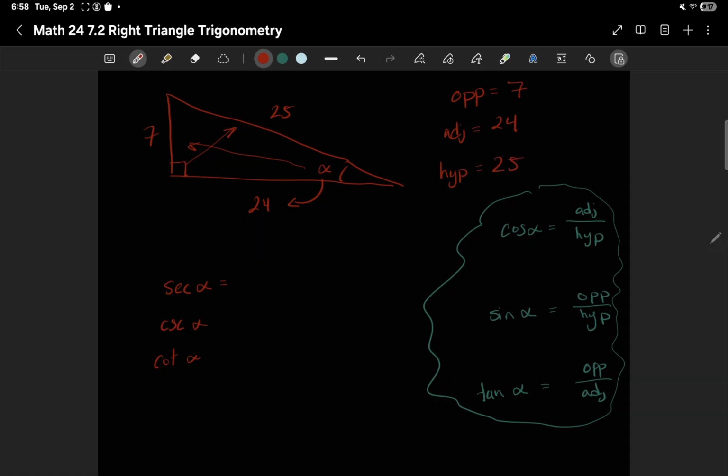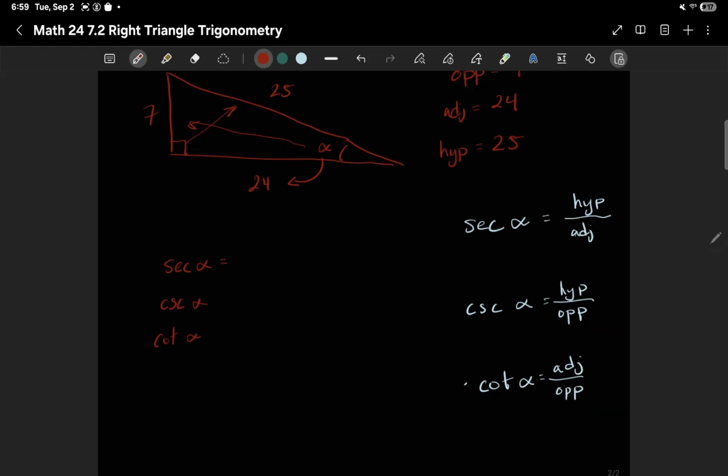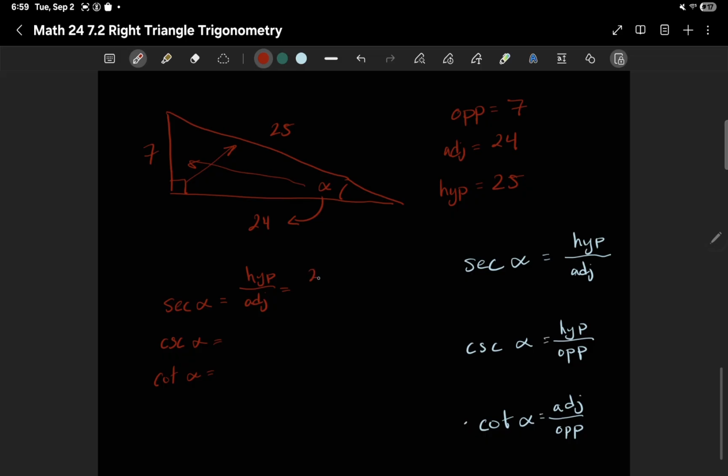So secant is, looks like I brought down the wrong key. Let me go ahead and fix that really quick. Okay, that looks better. So secant is hypotenuse over adjacent, which is 25 over 24 because adjacent is 24.